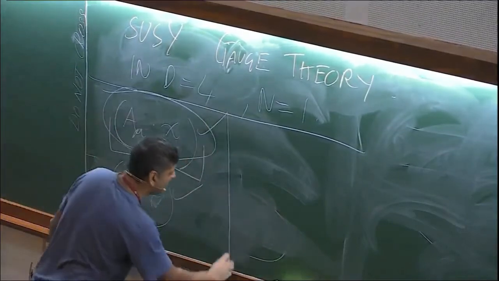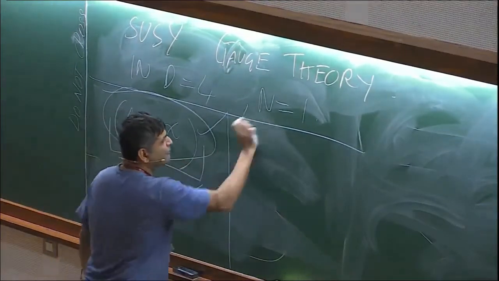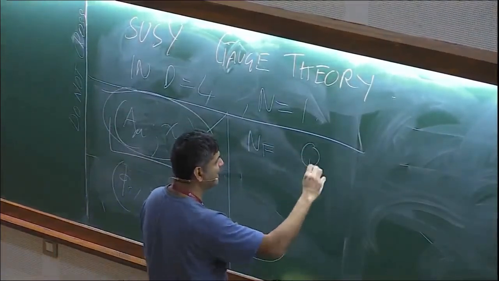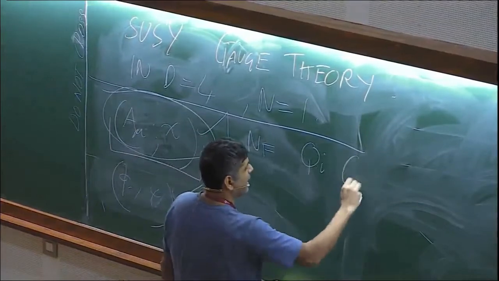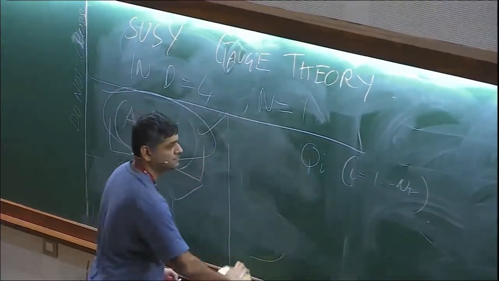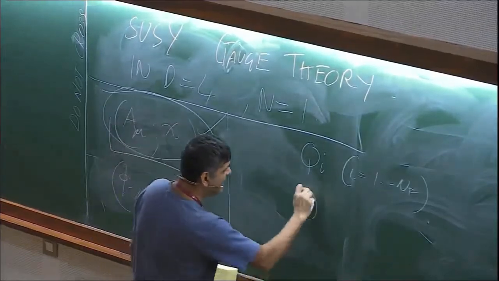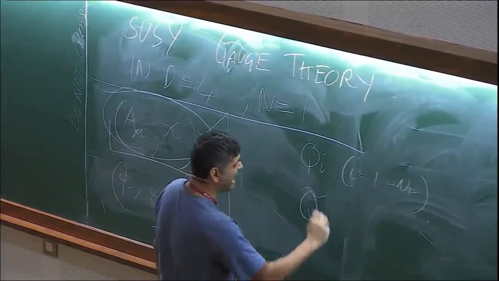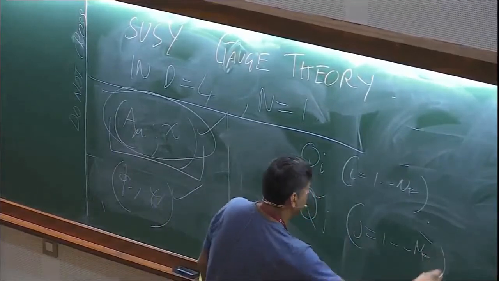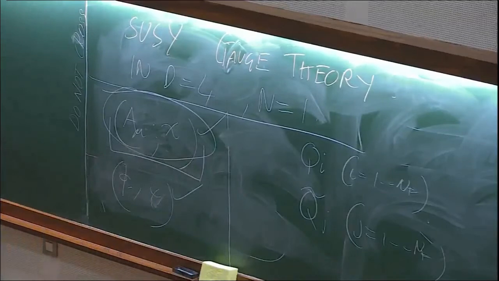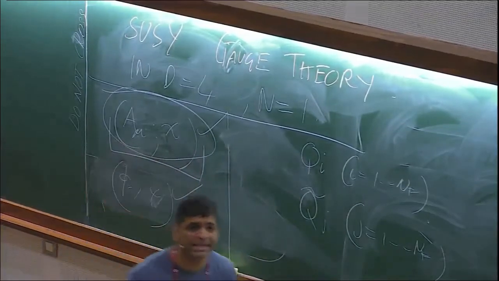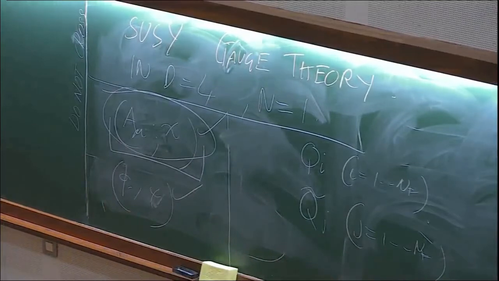We will study the theory with NF quarks in the fundamental, so i equals 1 to NF, and NF quarks in the anti-fundamental. I call them quarks; they are chiral multiplets in the fundamental representation of the gauge group.